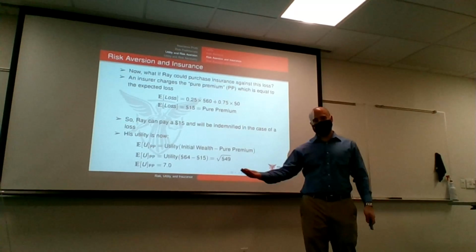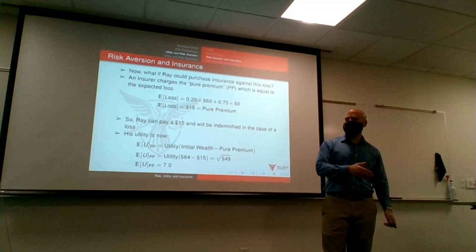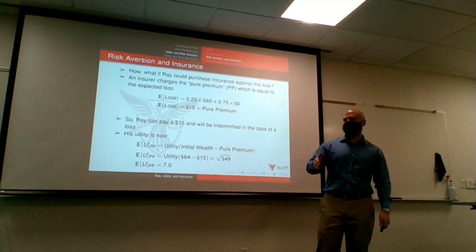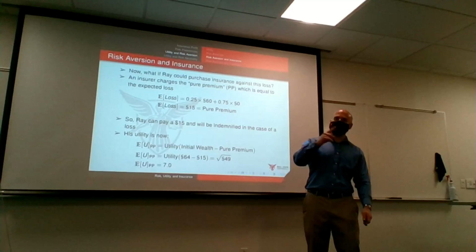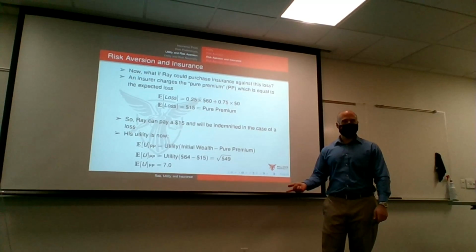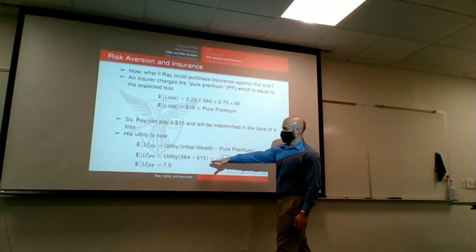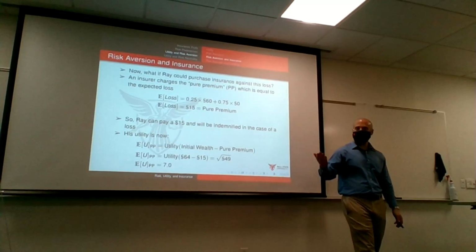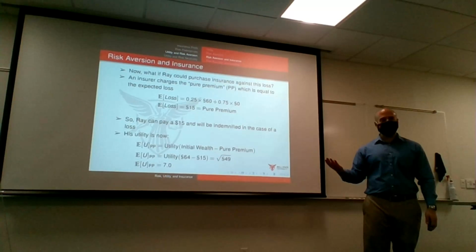He starts out with 64, pays them 15, and he's done. Or he starts out with 64, pays them 15, loses 60, they reimburse him for 60, and he's still back to 49. So that's what's really happening here. But the outcome is the same. No matter what, he has the same amount in his pocket.